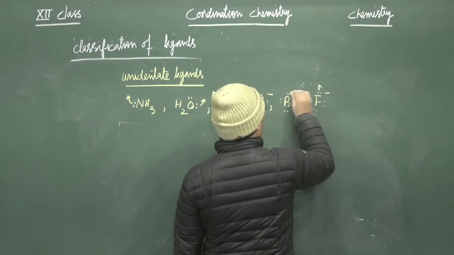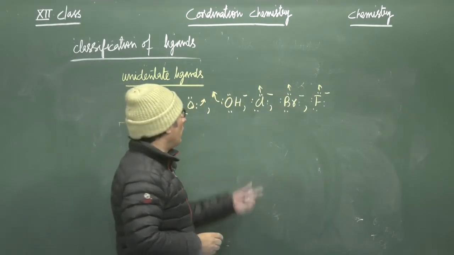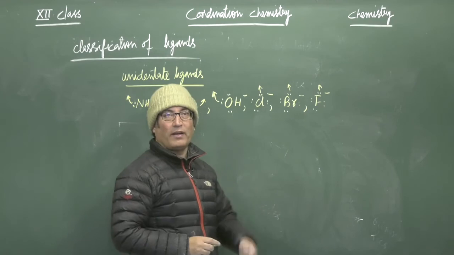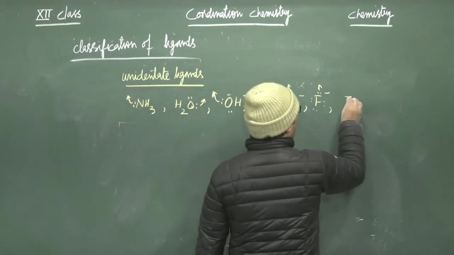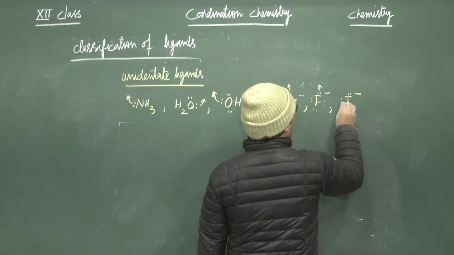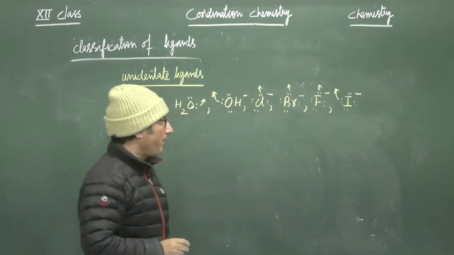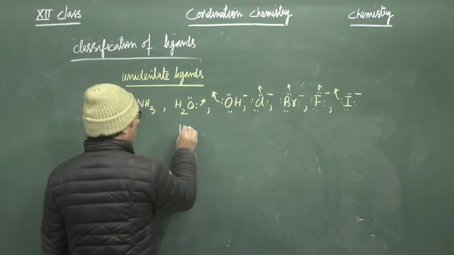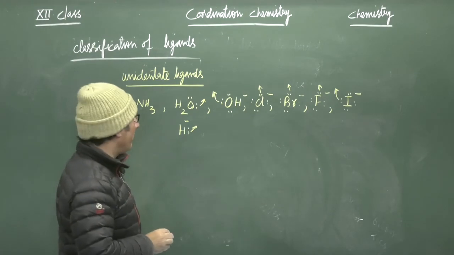The donor site is only one because they are monoatomic ions, so there's only one atom, therefore that atom will be the donor. Iodide ion, I negative, there's only one atom, and this iodine will be the donor. The hydride ion, H negative, there's only one atom in it, that's hydrogen, this will be the donor.